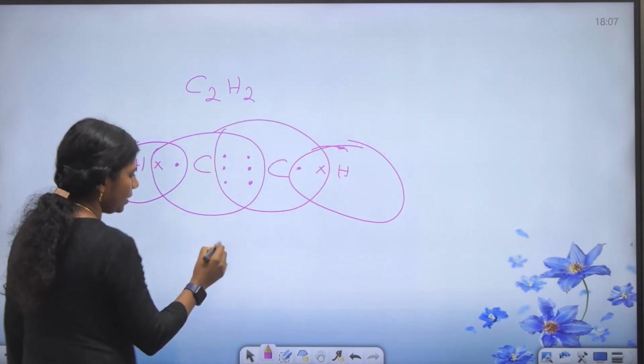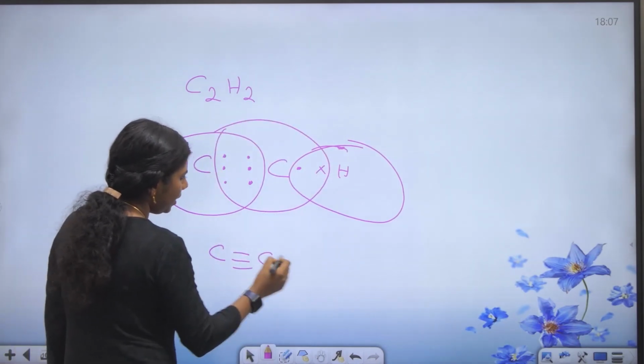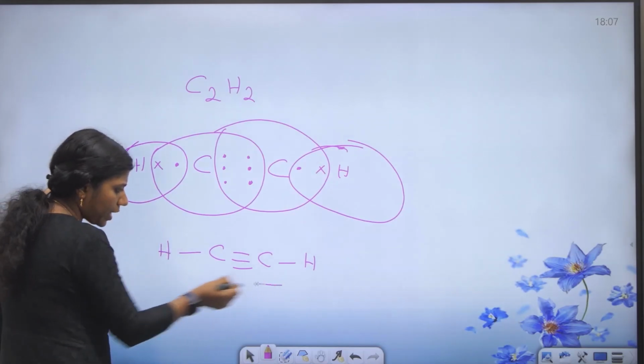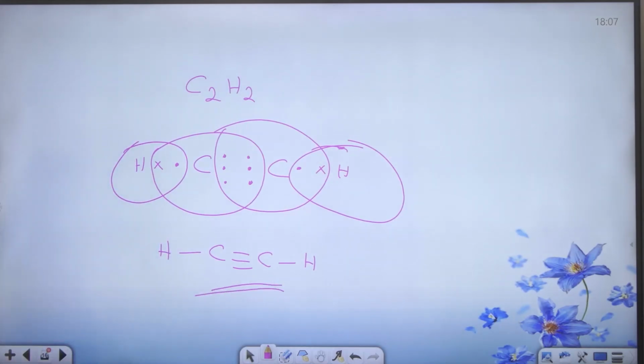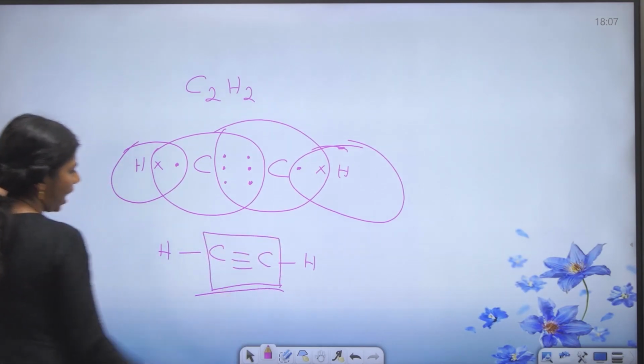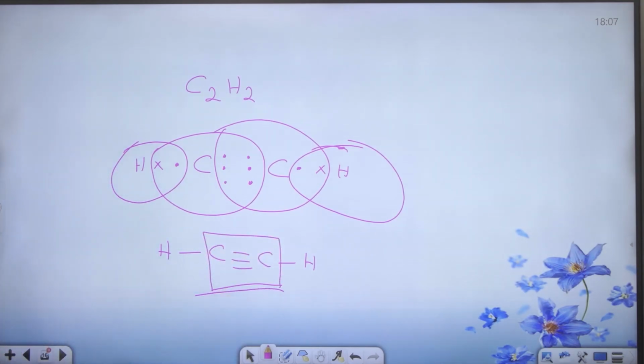Like this: C triple bond C, and C single bond H, single bond H. Here also a carbon-carbon triple bond is present. That means it's an unsaturated compound, an unsaturated molecule.